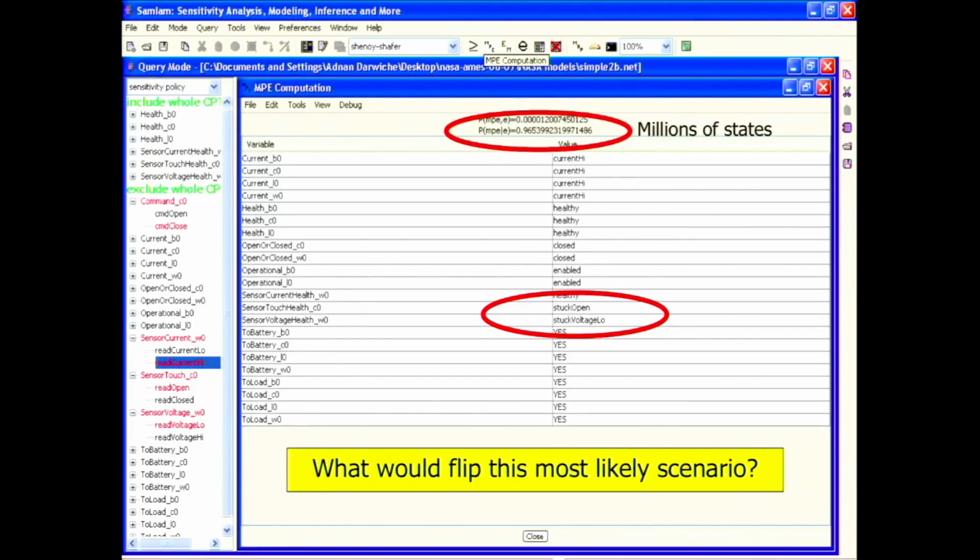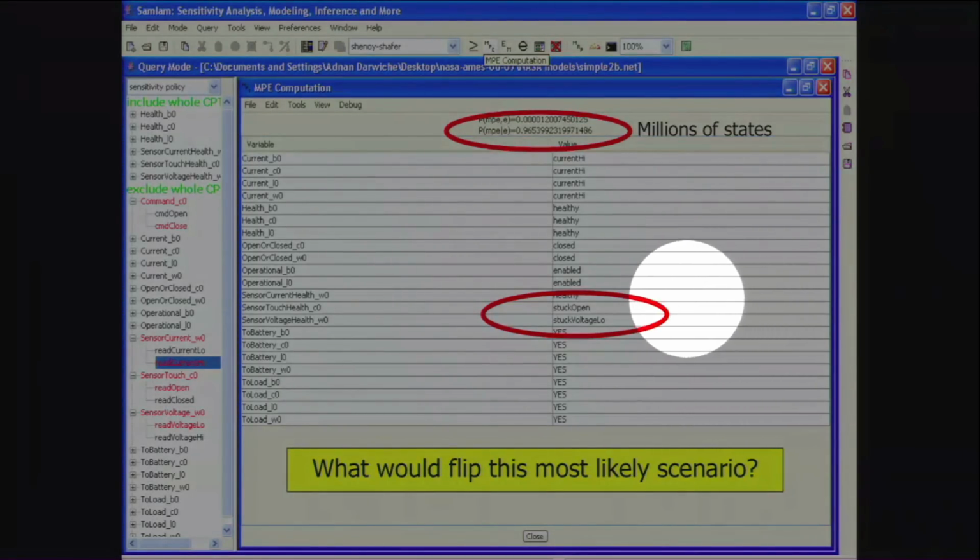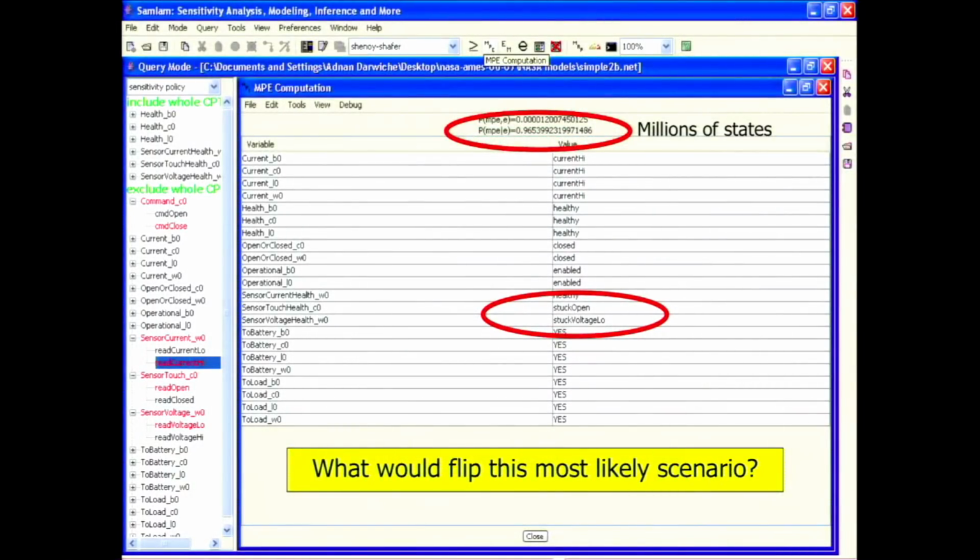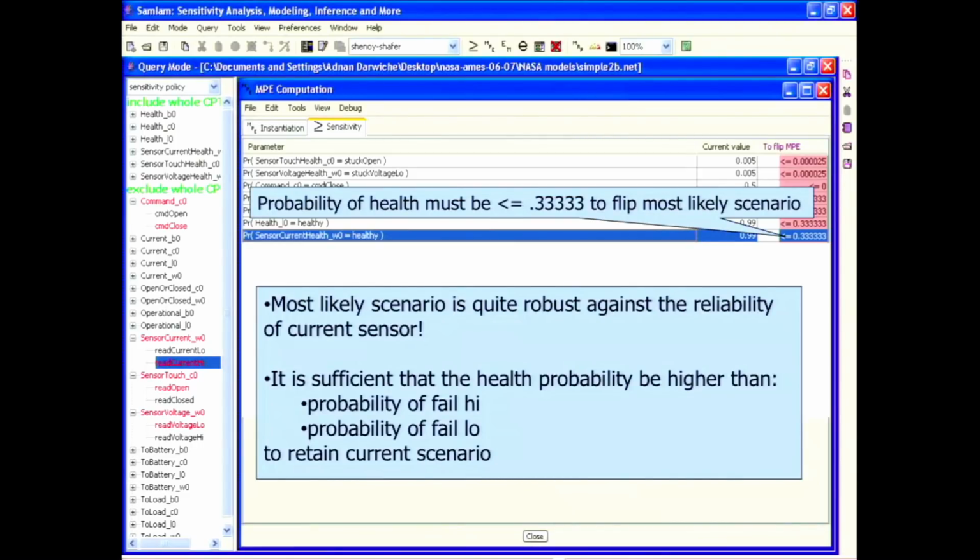And here's an example for the same network where we computed the MPE, and it turns out to be this. And then you ask what would flip this most likely scenario, and you also get recommendations on parameter changes, which will tell you whether this is a robust conclusion or something that can be easily changed based on parameter changes.